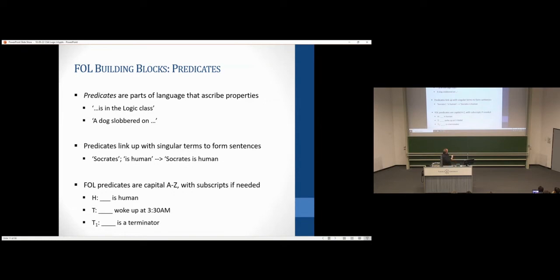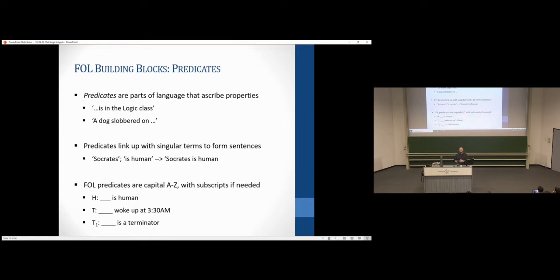So we might have "is in the logic class," or "a dog slobbered on," or "is very tired." Notably, predicates by themselves don't give us complete sentences. They're kind of a Bon Jovi thing. They get us halfway there. What we need is terms to go with them.